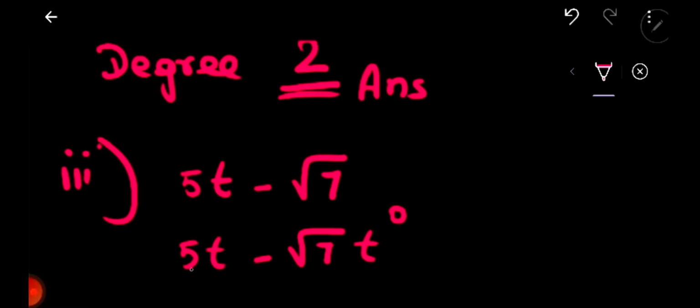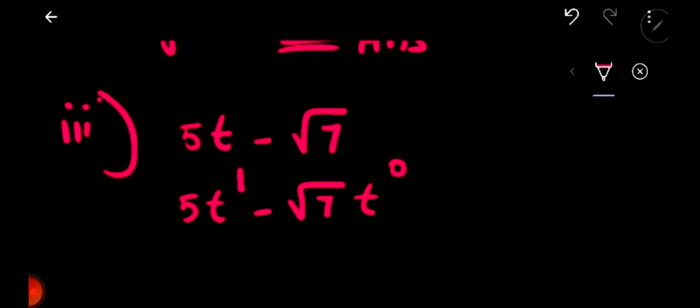Check the power of the first term, t to the power 1, and here t to the power 0. So 1 and 0 are the powers of this polynomial. Which is the greatest one? 1. 1 is the degree of 5t minus square root of 7. So the answer is 1.